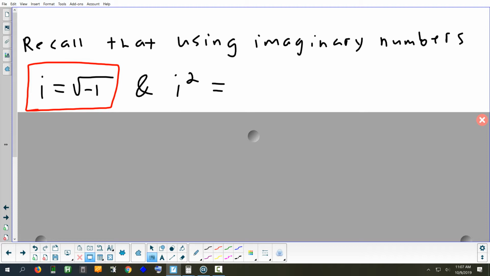So i equaling the square root of -1 is a definition. You cannot prove it. But as long as we all agree that i equals the square root of -1, we can figure out other things that can be proved. Like this, i squared. So that basically means this. So what would i squared come out to? -1.